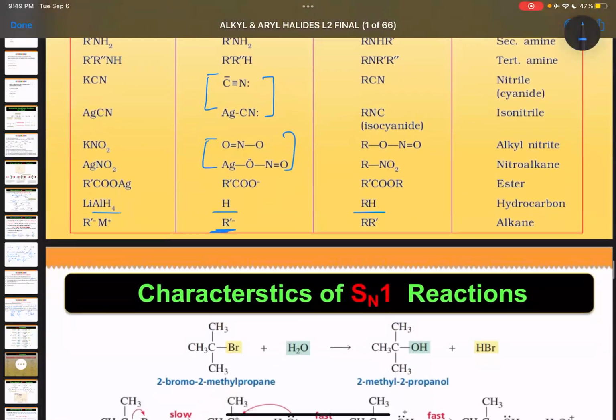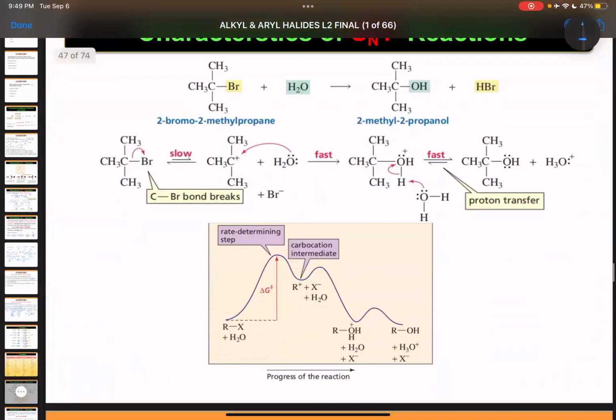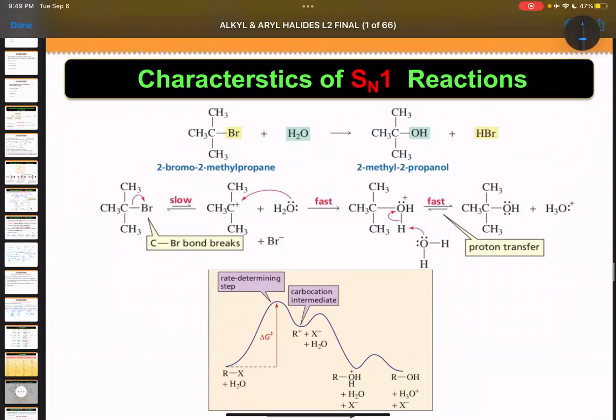The next thing is SN1 reaction. So SN1 is also known as solvolysis. Why is it called solvolysis? Because solvent molecules take part in the reaction.